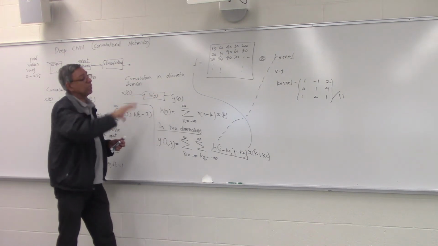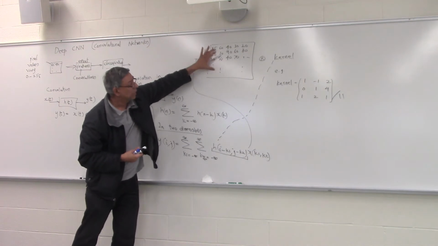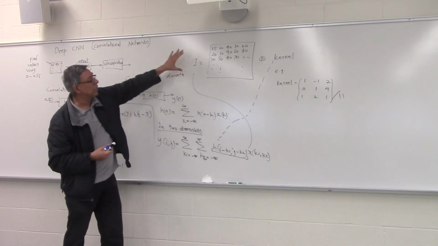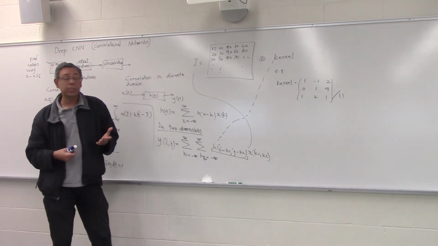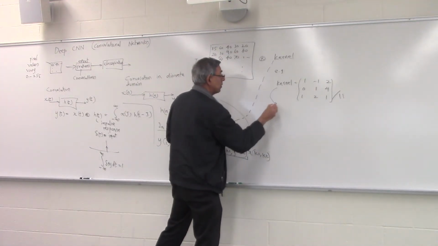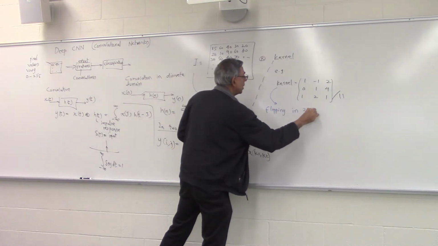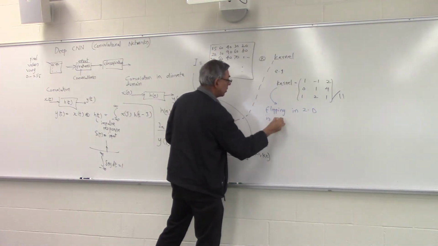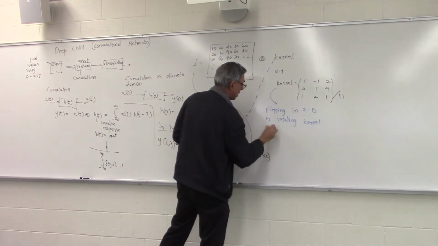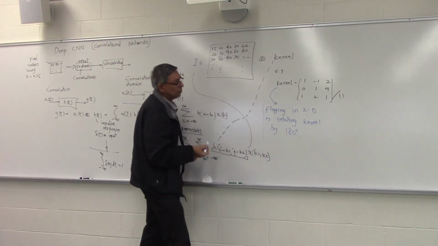We can do 2 things: flip the input and slide it over the kernel, or flip the kernel and slide it. In 2 dimensions, flipping is rotating the kernel by 180 degrees. We talked about it, right?